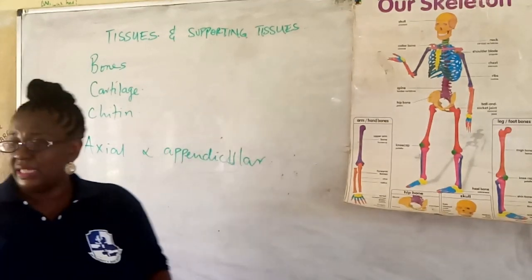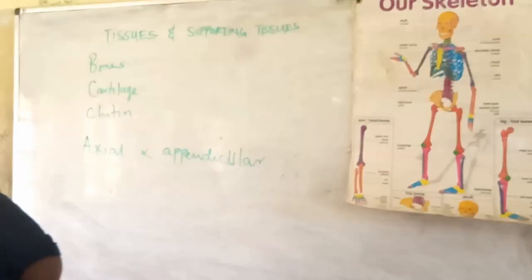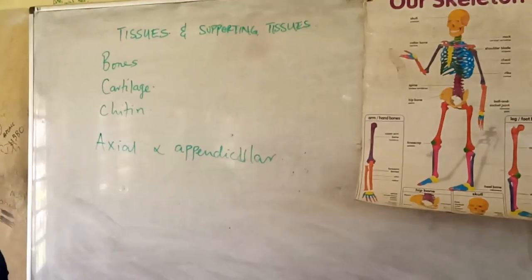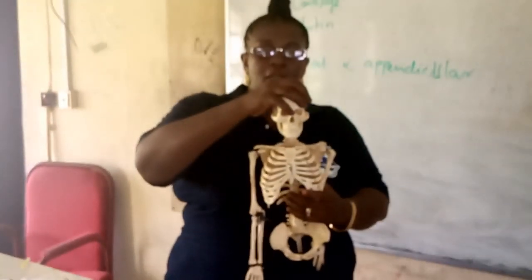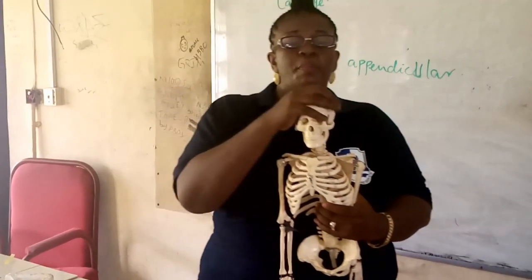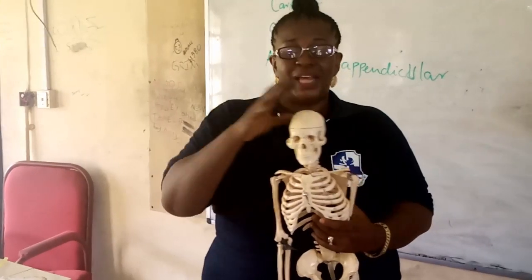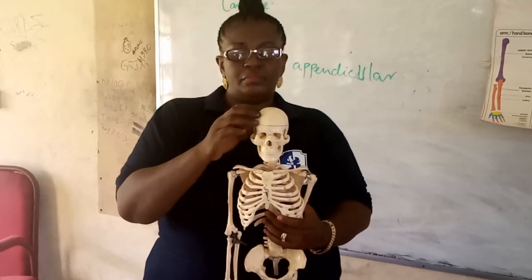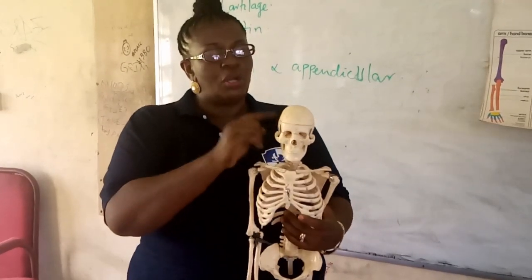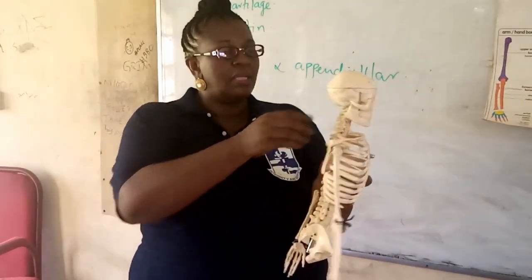The axial skeleton is made up of the skull, which is made up of about 20 flat bones fixed together. And of course, the joints we call sutures.